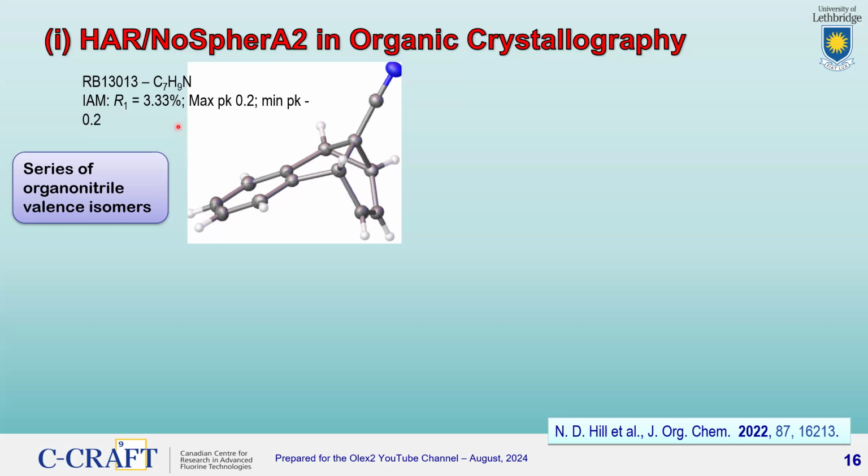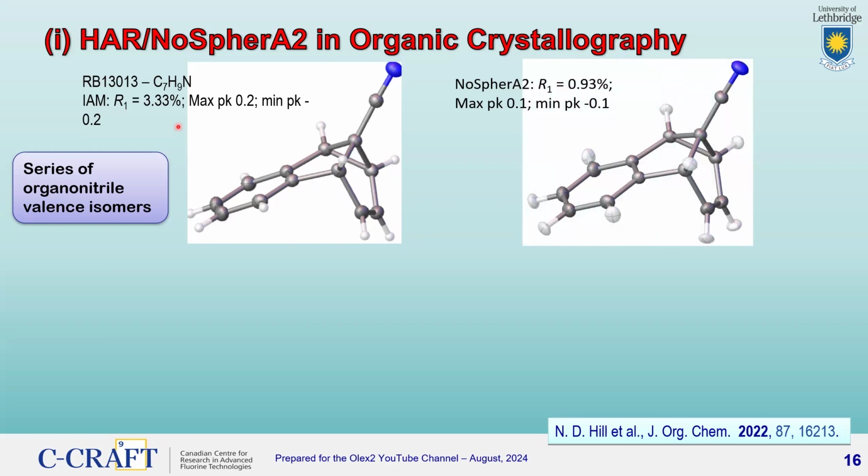And yet, when we put this into NoSpherA2, the R factor goes down by a factor of 3, and the background electron density map is improved by a factor of half. It's 50% better.